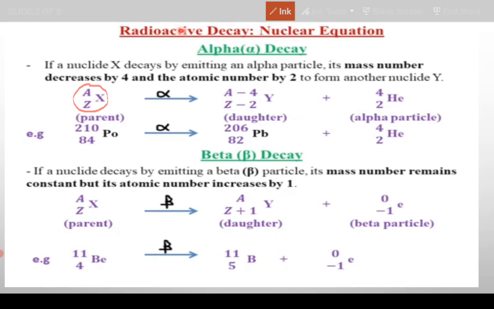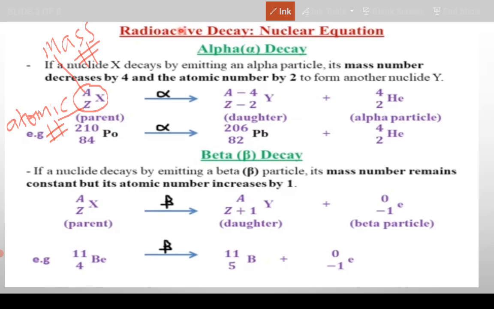Remember that X stands for any element whose nucleus is not stable, and it is to undergo radioactive decay. And the A is the mass number, while Z is its atomic number.